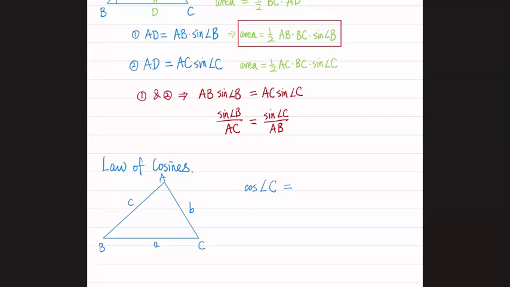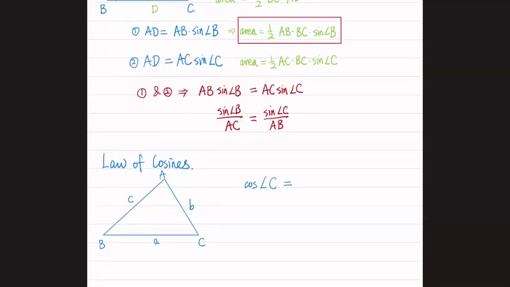There are different ways to formulate this. One is, if we know the three sides, we can find the cosine of the three angles.